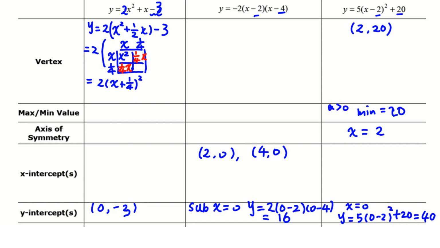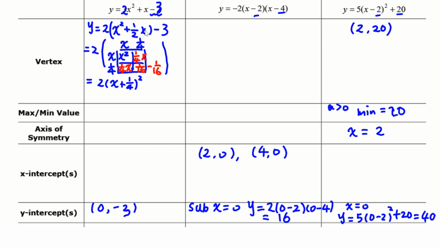This is the reason why we want to split 1 over 2 into 1 over 4. Then we need to put a number here, otherwise it won't equal the perfect square. So 1 over 4 times 1 over 4 gives you 1 over 16, numerator times numerator, denominator times denominator. And don't forget, you need to take away the 1 over 16, then 1 over 16 minus 1 over 16 is 0.